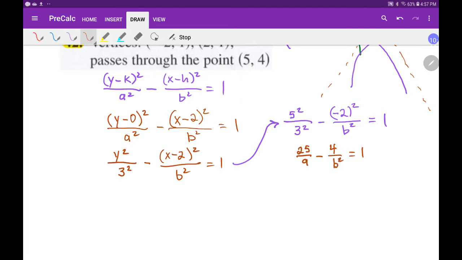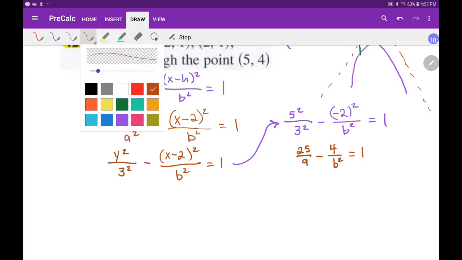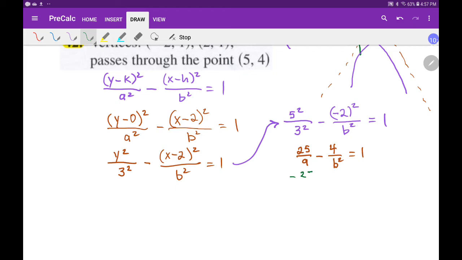Well, now there's only one thing I don't know, and it's b squared. So let's solve for b squared. Let's subtract 25 over 9 from both sides. That's 9 over 9 minus 25 over 9, which is minus 16 over 9.